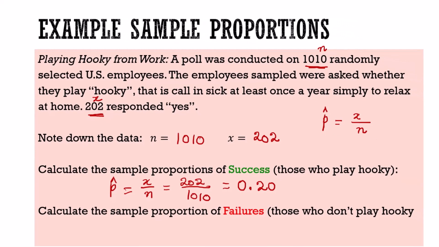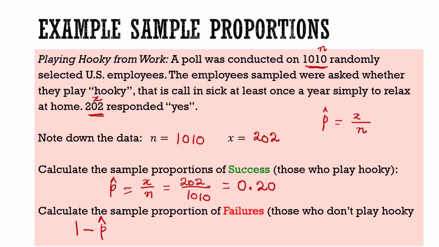The next part says calculate the sample proportion of failures. So you can do it two ways. Since we have now calculated p hat, the failure would be 1 minus p hat. So let me write that down here. All right, the failure would be 1 minus p hat, right? Just because only two outcomes are possible in a study of proportions.